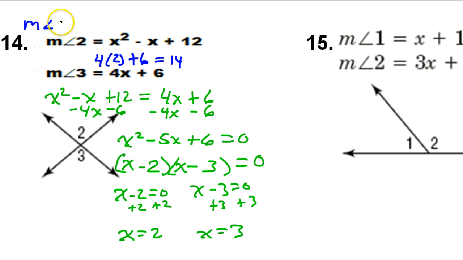The measure of angle 2 is equal to the measure of angle 3, which equals 14. Now, what happens if I plug in 3 instead? 4 times 3 is 12, plus 6 is 18. So maybe it's 18.